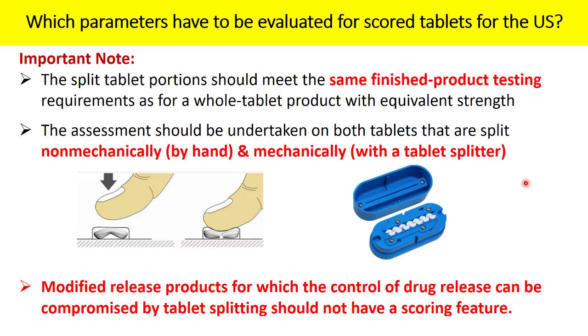Otherwise, it will also be considered that the tablet can be split into multiple portions. So to avoid this non-conformity, the manufacturer should avoid a scoring feature on a tablet, especially for the modified release product.